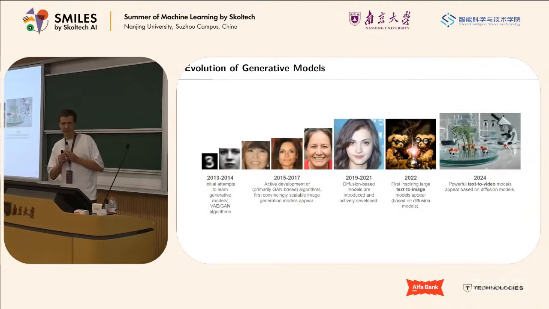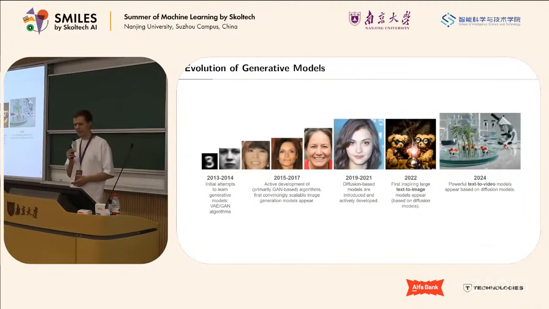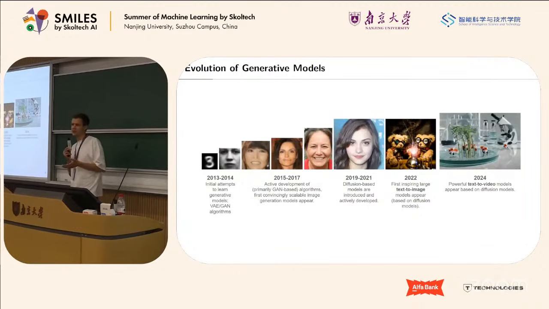In fact, this field of generative AI related to images appeared not very long ago. It is a very young field, because it appeared only in 2013, 2014 with the introduction of the first ways to do some kind of scalable data generation.